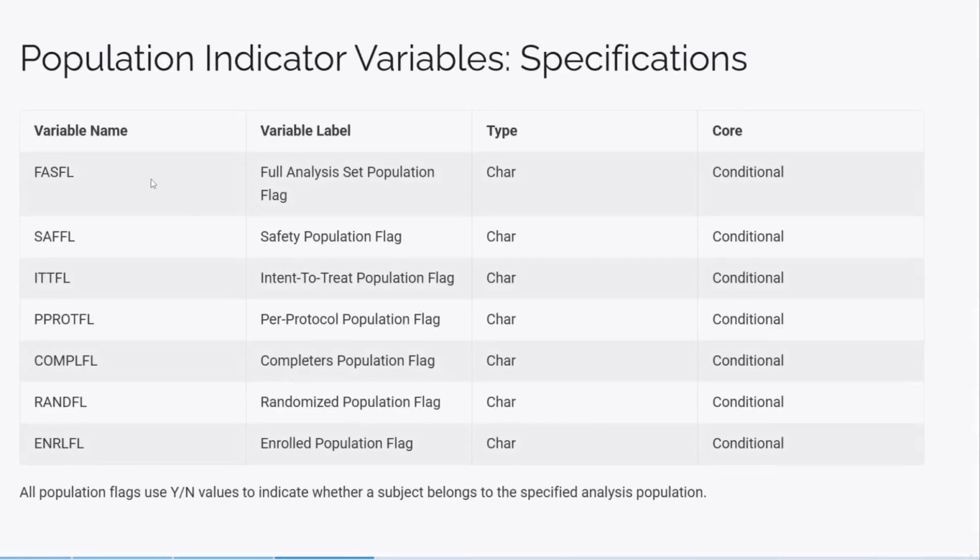These are some of the population indicator variables you can usually encounter in ADSL: the full analysis set population flag, the safety population flag, intent-to-treat population flag, per protocol population flag, the completion flags, randomization flag, and enrollment population flags. All of them are conditional, based on what is required by the study.